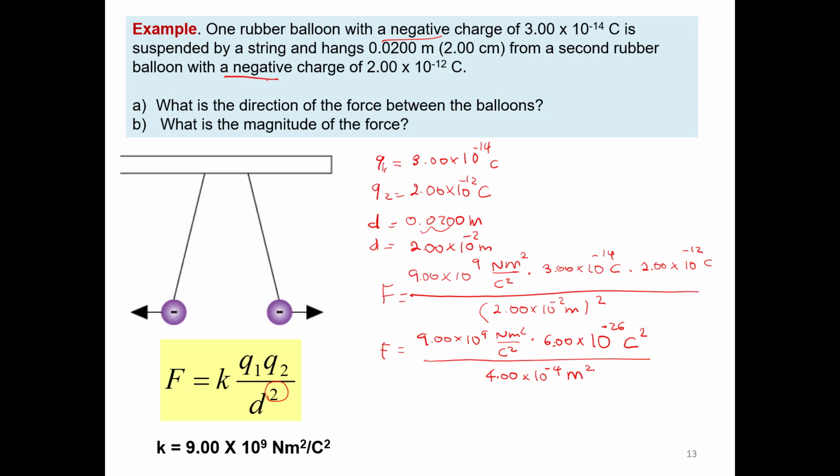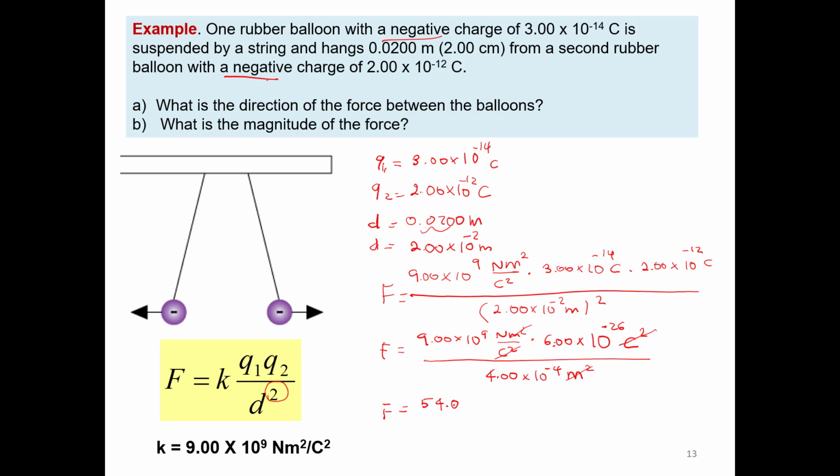Now we can see the coulomb squared cancels out, and meters squared cancels out with this meter squared. Finally, we have the answer in newtons, which is the unit we expected because it's a force. If we multiply the numerators, 9 times 6 is 54.